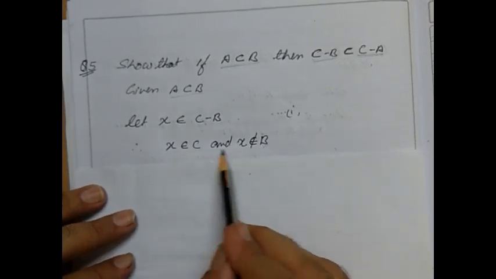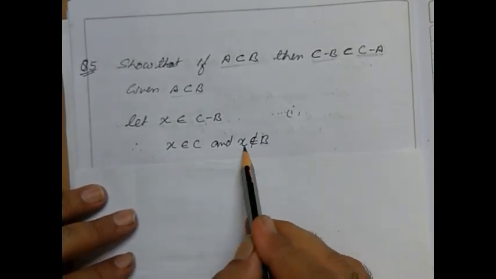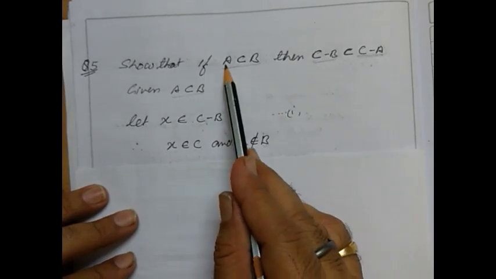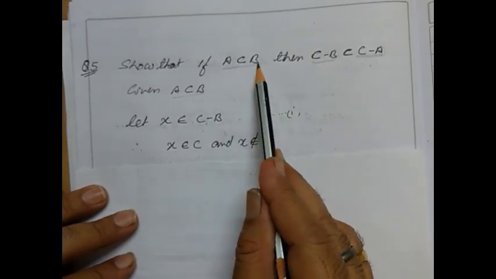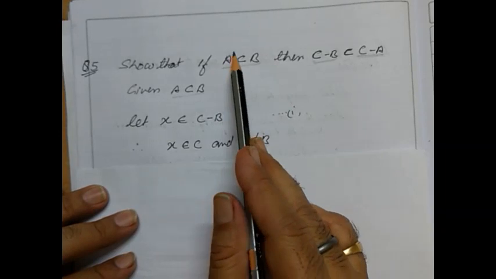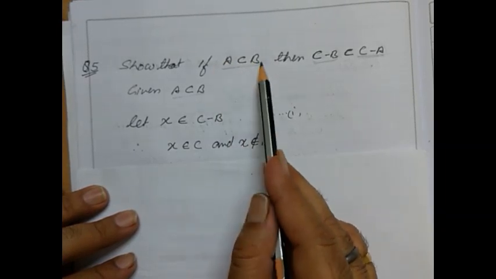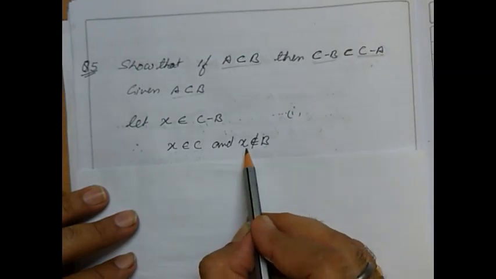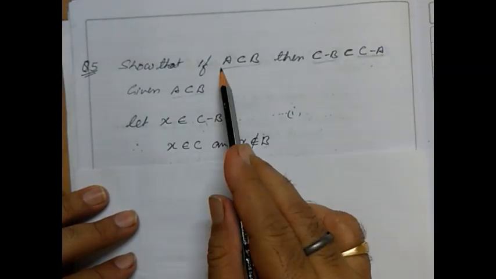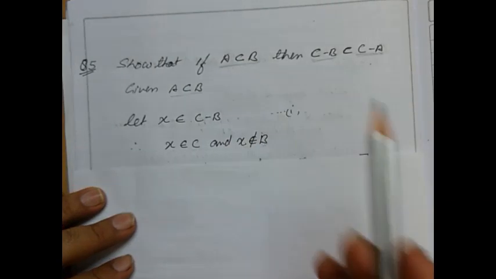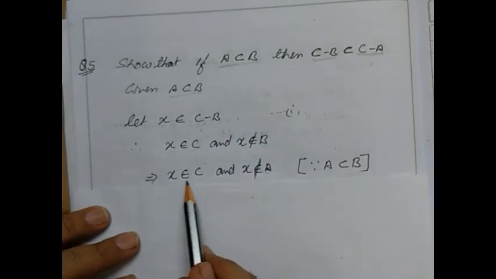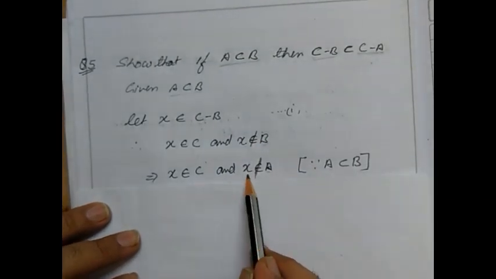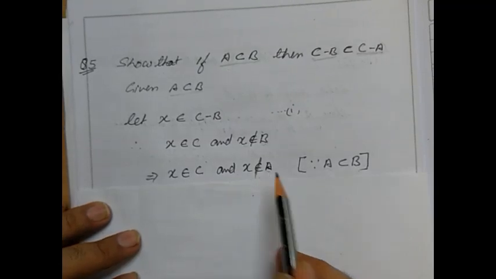So when x does not belong to B, how will it belong to A? A is a subset of B, so all the elements of A are present in B. So if x does not belong to B, how will x belong to A? So here we can say that x belongs to C and x does not belong to A.